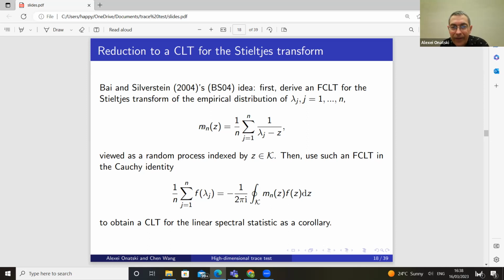Well, singularities of this m happen at lambda 1, lambda 2, lambda 3, etc. So the Cauchy theorem tells us that this integral will really just be equal to the sum of the values of the function evaluated at lambda j, and then I scale by n. So a linear spectral statistic can be expressed as a contour integral of this Stieltjes transform times this function. So all that you need to derive a CLT for any linear spectral statistic is to know the functional central limit theorem for the Stieltjes transform, and you will be done.